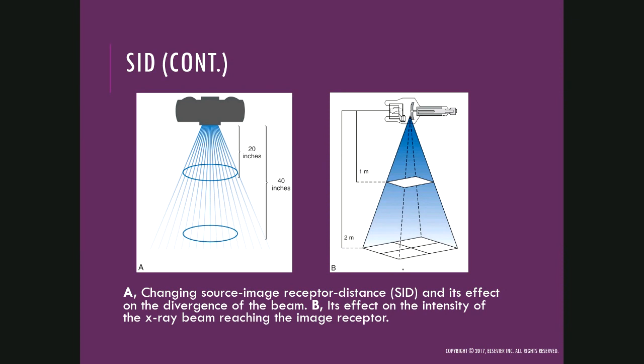Remember, when we talk about the quality, we're talking about the mix of energies. You're still going to have the same mix of energies for that area. You're just not going to have as many, but the mix of things is going to be pretty much the same throughout. So your SID changes your quantity, but not your quality.